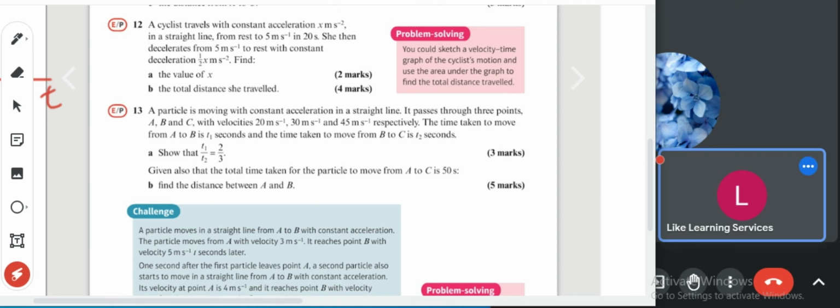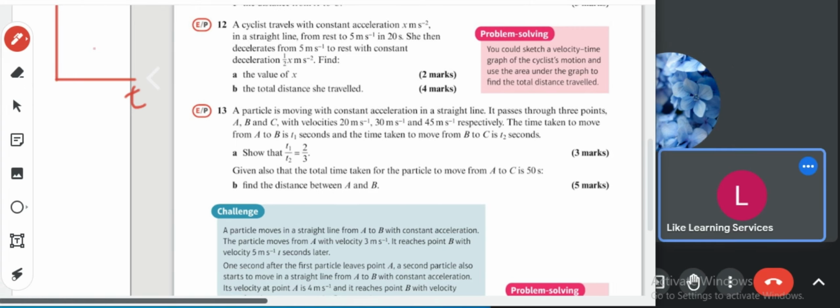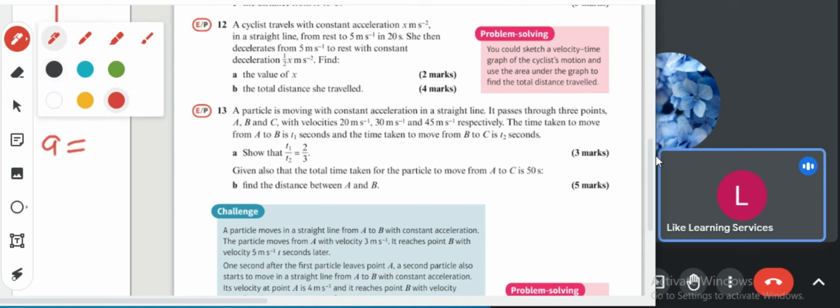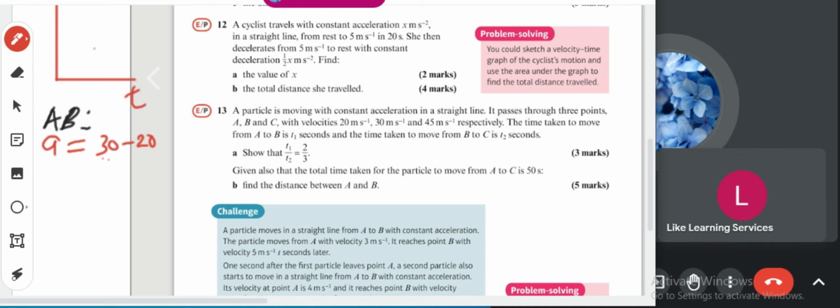Can we just work motion between A and B? That's constant acceleration, right? So since it's a constant acceleration, for motion between points A and B, that constant acceleration is equal to 30 minus 20 over T1.